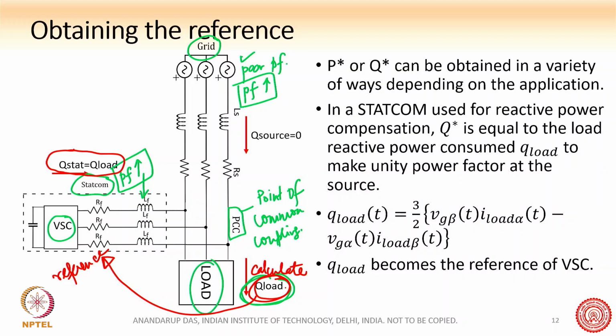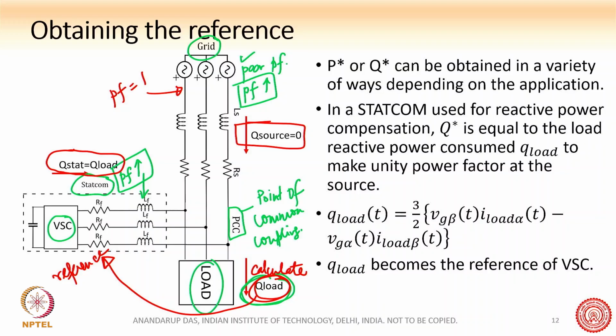So if the whole of the load reactive power is supplied by the statcom, then what happens? The source will not supply any reactive power, and so under that condition power factor will become unity for the grid.